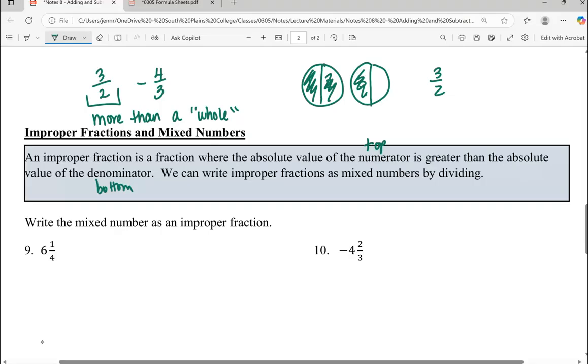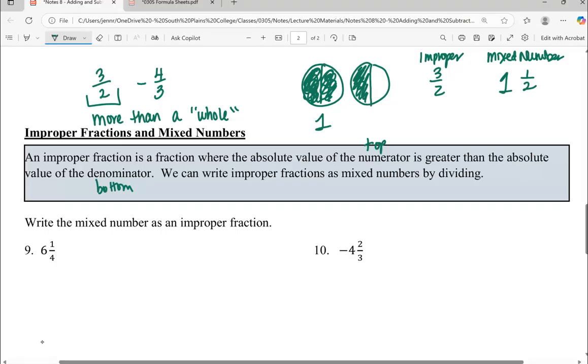Well, this is considered improper because I have more than one. The correct or proper way to write it would be as a mixed number. Mixed numbers is where I say, hey, these two halves right here really make one whole circle. And then I have a half, 1/2 more.